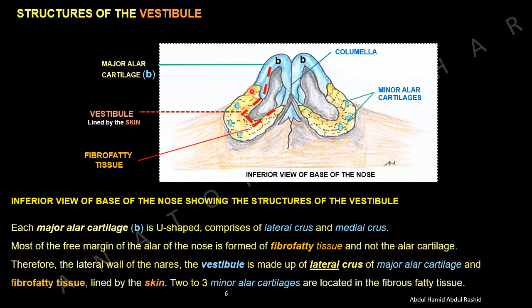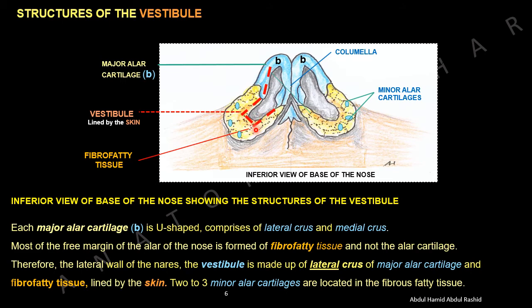So most of this vestibule is formed by fibrofatty tissue and the cartilage is formed only in front. Therefore, the lateral wall of the vestibule is formed by the lateral crus of the major alar cartilage and fibrofatty tissue. They are lined by the skin, the dotted line.